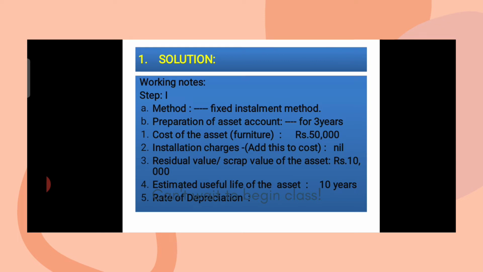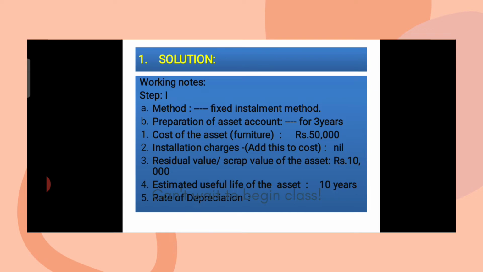See, in step 1 we need to see under which method we are asked to calculate the depreciation. So point A: it is clearly given that we need to calculate the depreciation under fixed installment method. Second point, for how many years we are asked to prepare the asset account.